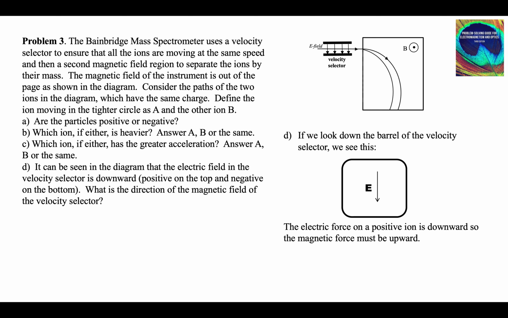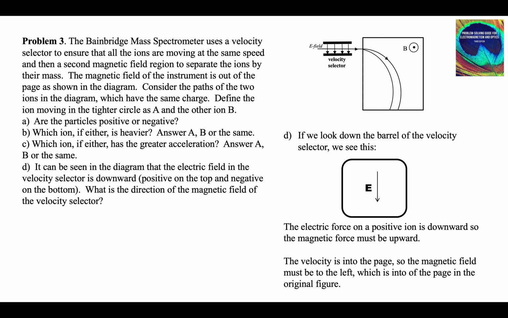We have to get the direction of the field now. The force is upward, V is into the page, so the magnetic field must be to the left. The direction of V cross B is upward. It's a positive particle, so the magnetic field must be to the left.